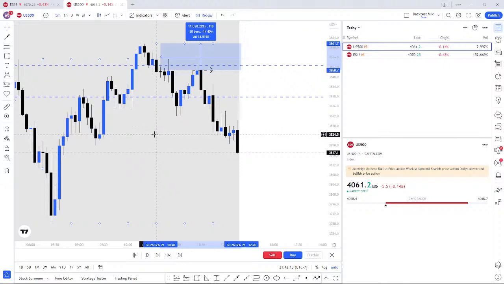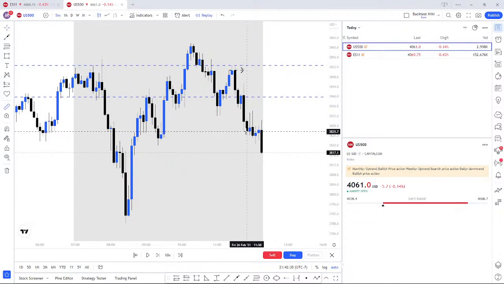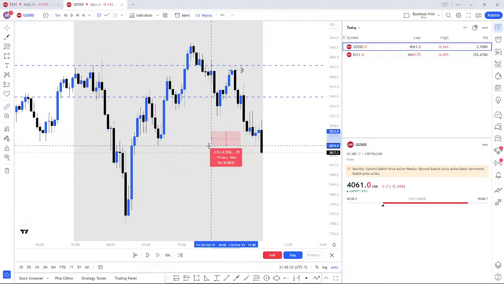We're waiting for price to get to these weeks. Not the best rejections, but not bad either. For this low, right? Because price ran out from here. Wasn't the cleanest, but it's not the worst. But this rejection is so small, it's crazy.